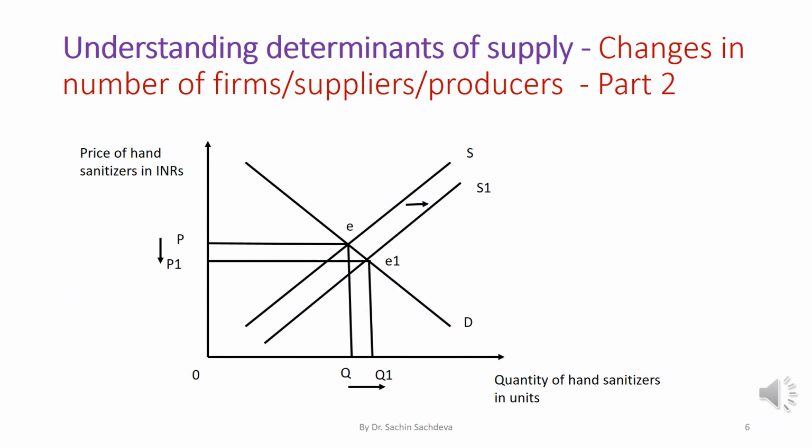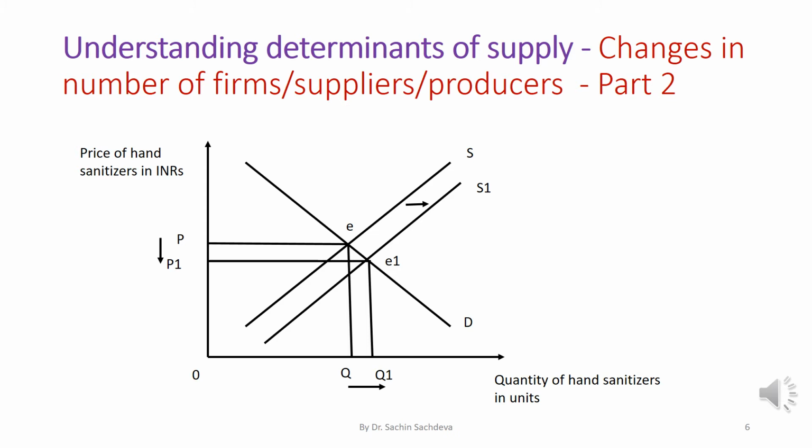We can see on the screen that there is a market of hand sanitizers indicated by the interaction of market forces of demand and supply. There is a demand curve labeled as D and a supply curve labeled as S. These are the original demand and supply curves.